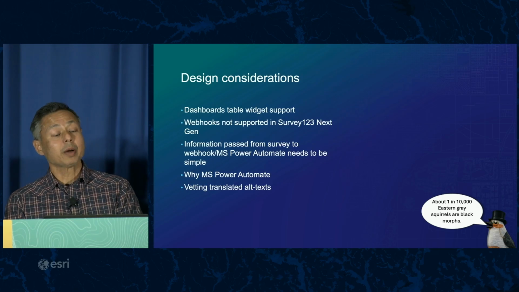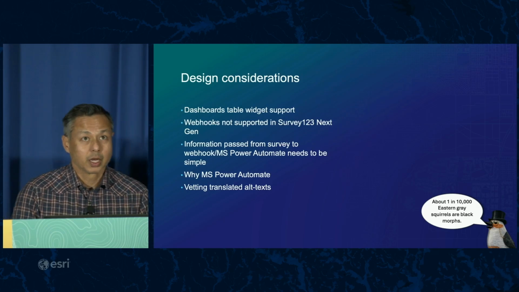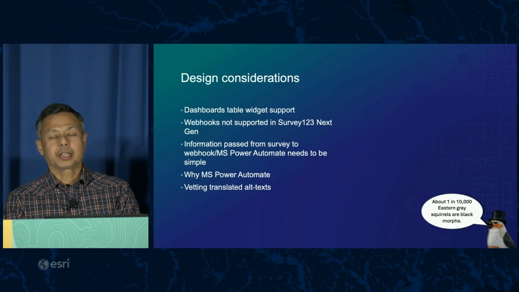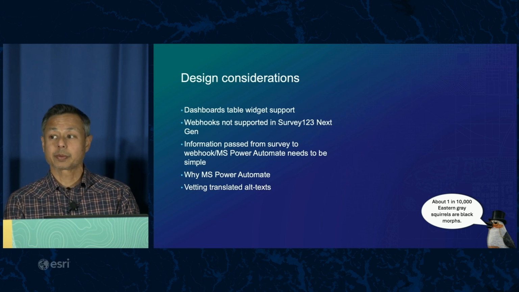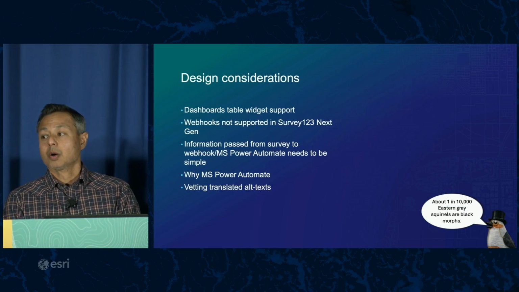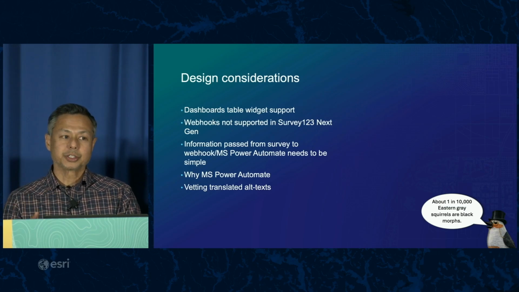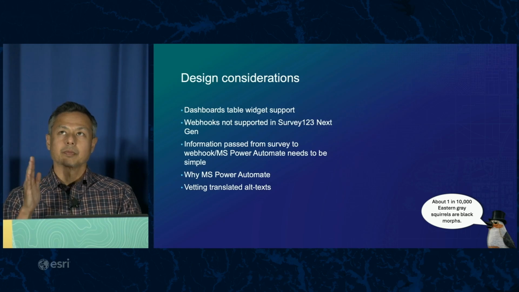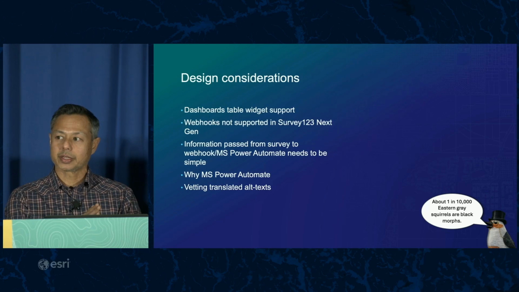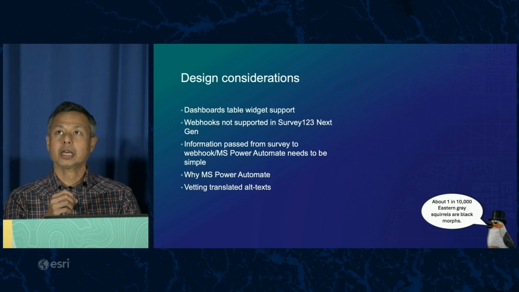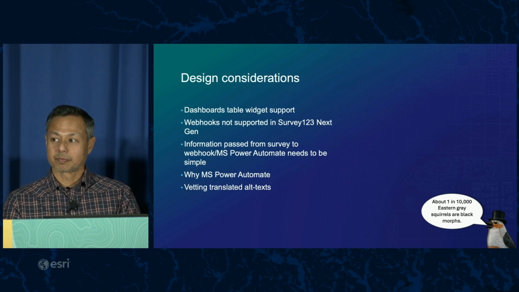Now, webhooks. Survey123 is coming out with its next generation, available towards the end of March. That's great, but the unfortunate aspect is that it does not support webhooks. With the legacy Survey123, you could listen for a survey that has been submitted.